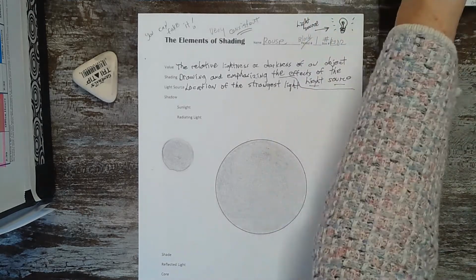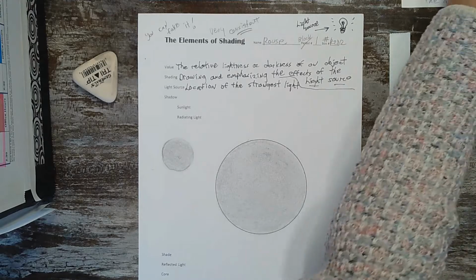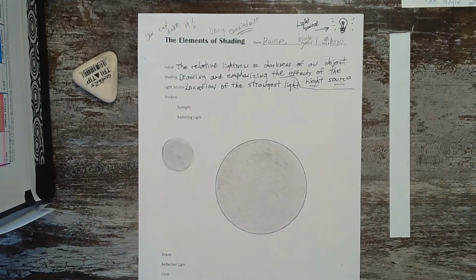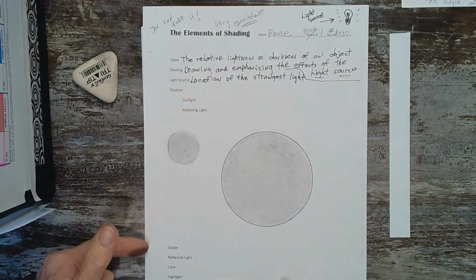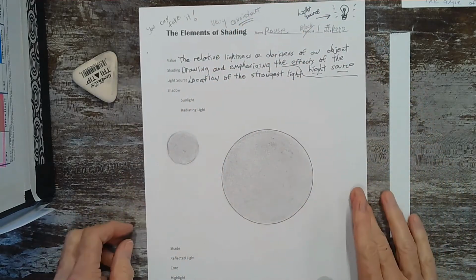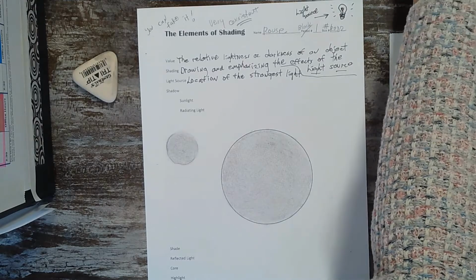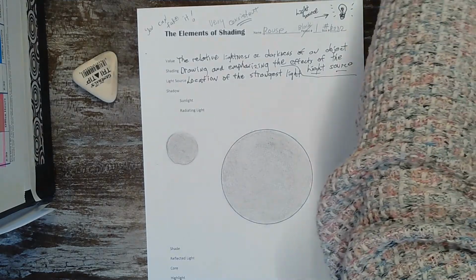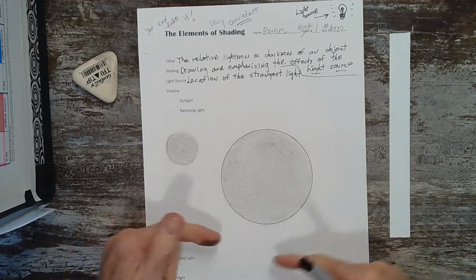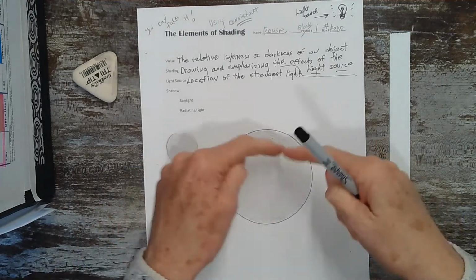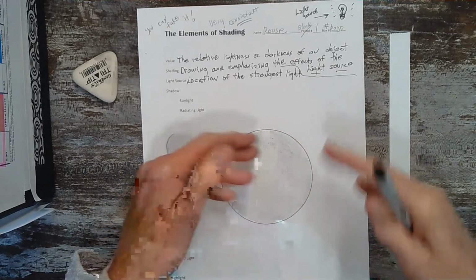The next thing we're putting in is the shadow. If our light source is coming from here, it's going to shine down on this and create a shadow on something else. The important thing about shadows is they happen to something else. So the definition of a shadow is a dark area on one object, which is our ground here, caused by another object, which is our ball, blocking the light source.